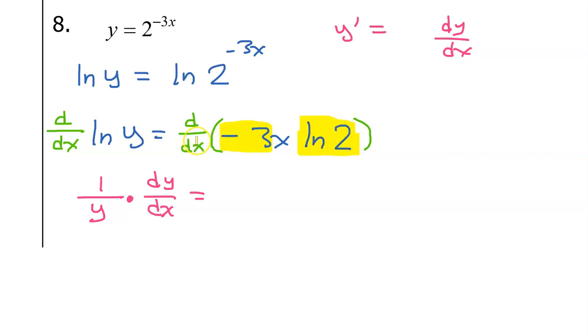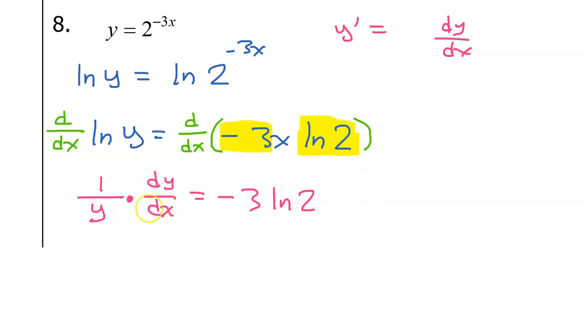When you take the derivative of an expression that has a constant, the constant will just sit there. So I'm just going to bring down my negative 3 natural log 2. And then we take the derivative of the rest. But the derivative of x is just 1, so we don't need to write that. So this is it. Negative 3 natural log 2 is the derivative of the right side of the equation.